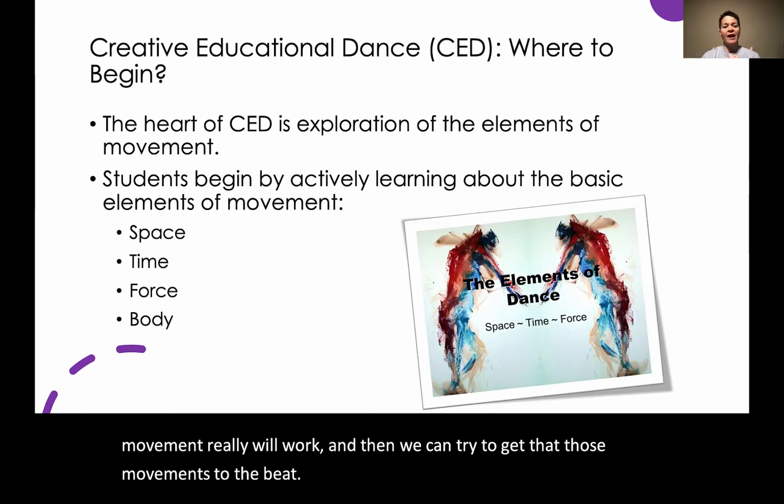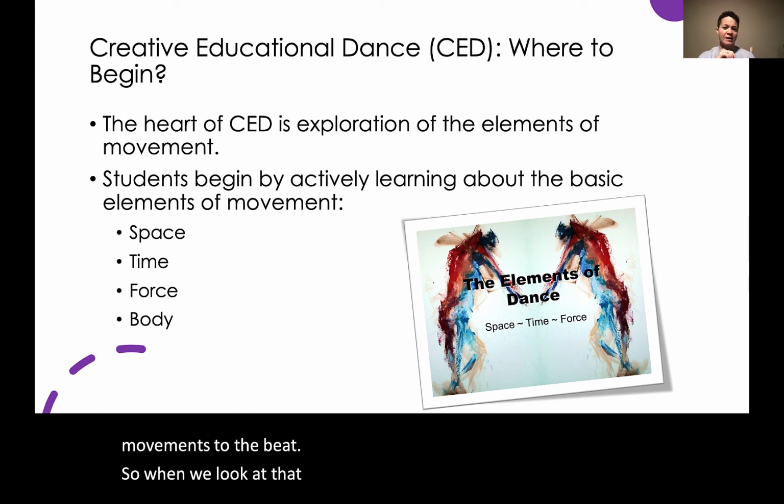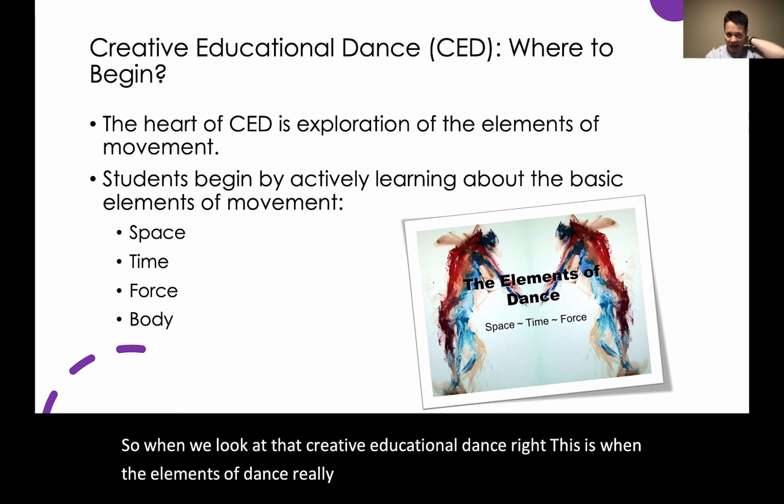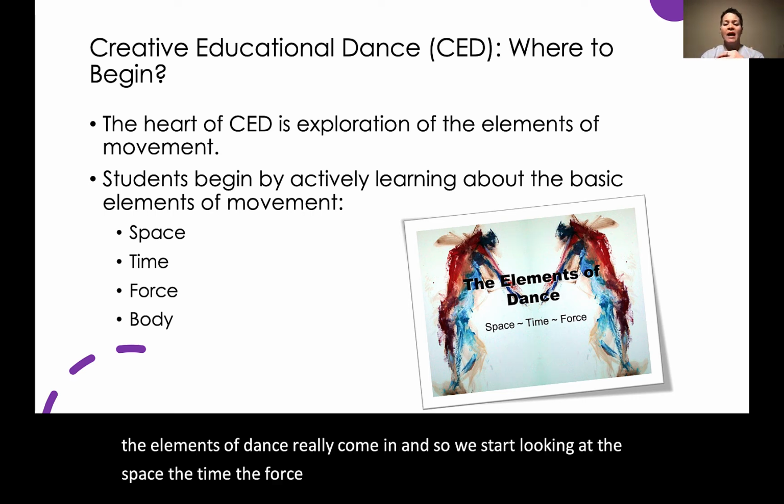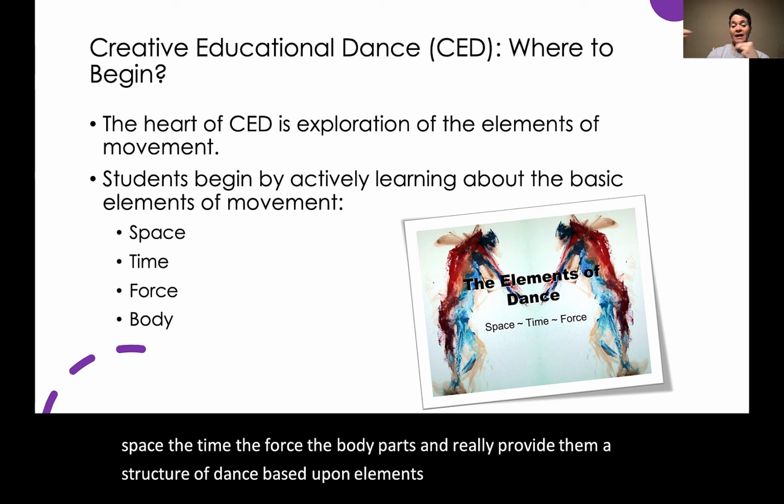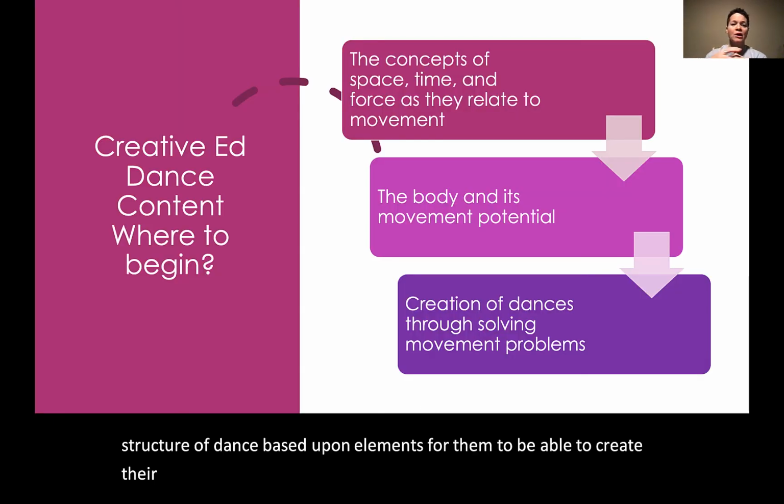When we look at creative educational dance, this is when the elements of dance really come in. We look at the space, the time, the force, and the body parts, and provide a structure of dance based upon elements for students to create their own movements.